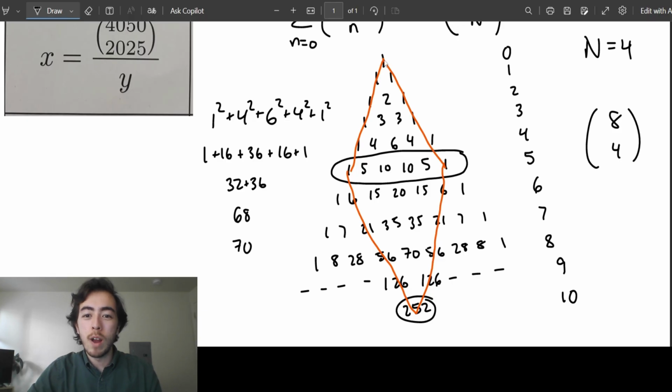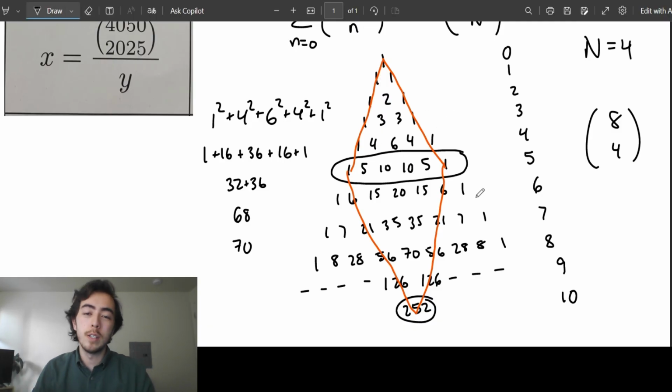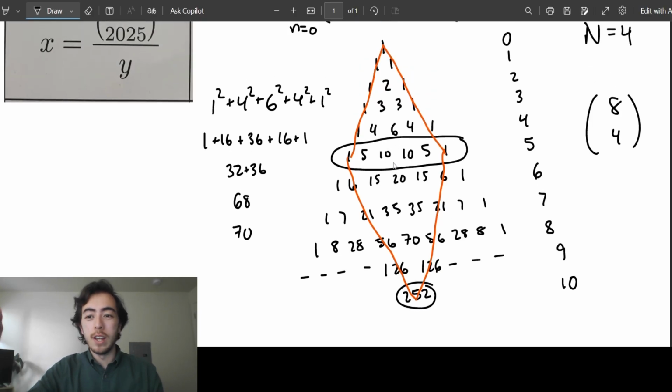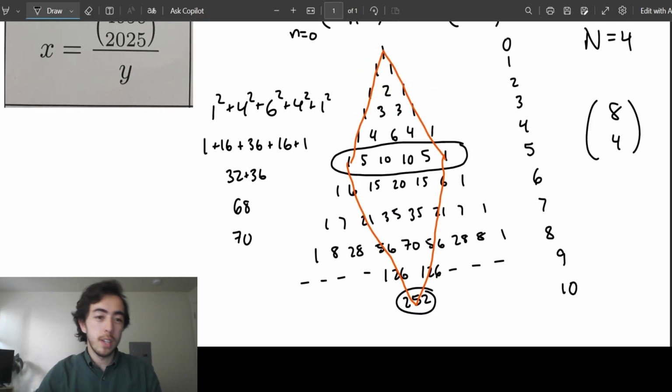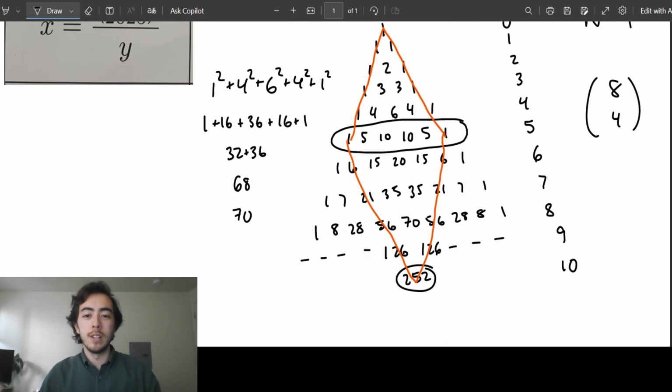Any route that goes through this 10 is going to be completely distinct from any other route that goes through, say, the other 10 or the other 5. So it does make sense to add them all up to find the total number of routes to get to this 252. It doesn't matter if n is 4 or 5 or 6 or 2025, this logic still applies.